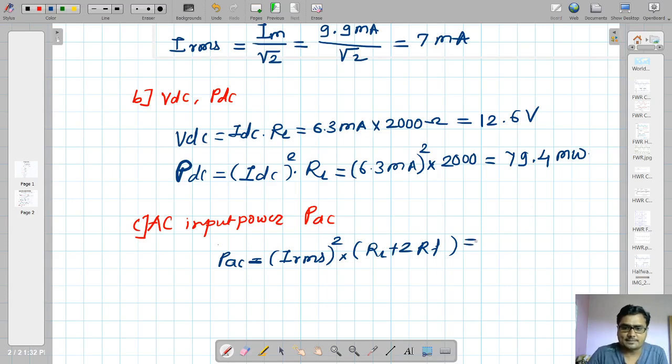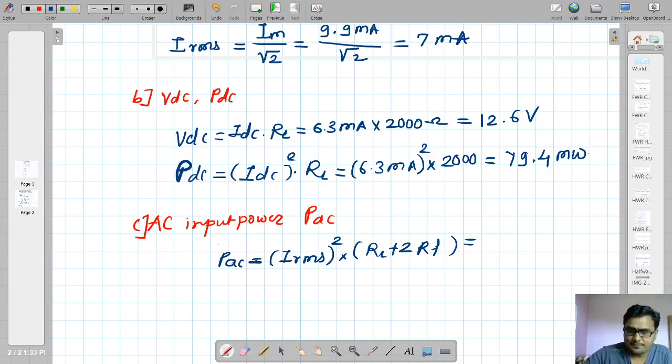Now calculate this. The value of RL is 2000, RF is 10 multiplied by 2, that is 20, and then IRMS square. The IRMS value is 7 milliamperes. So 7 milliamperes square. We have to calculate in the unit of watt.